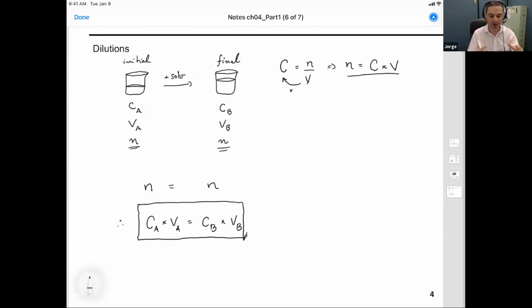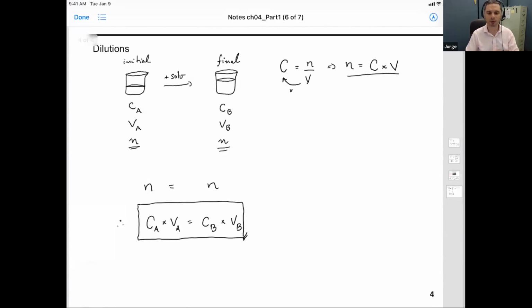Concentration expresses the amount of substance in a determined volume of solution. And every time we dilute a solution, we have CAVA equals CBVB because there is no addition or removal of substance. So the number of moles is constant.